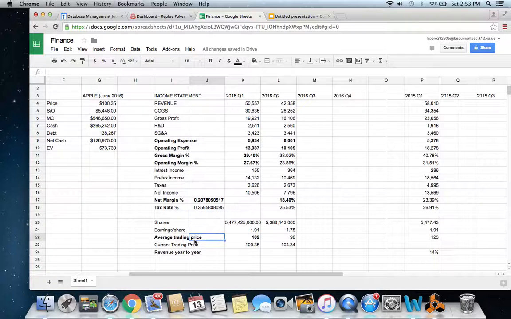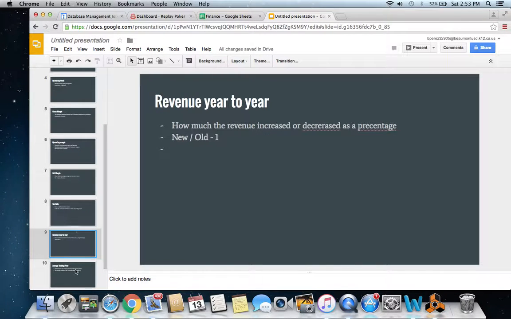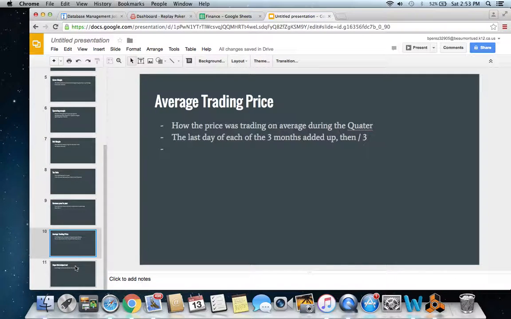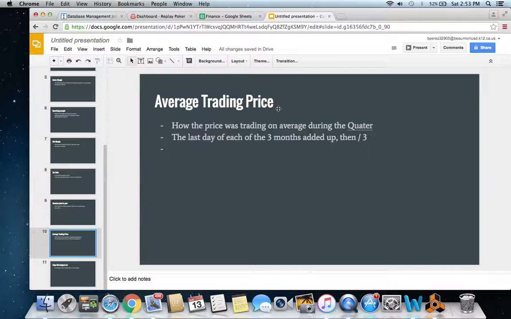So next we have average trading price. What is it? Did I even write that down? Yeah, there it is. It's basically how the price was trading on average during the quarter. I can't do it here because I'm going to have to pull out a graph and find all those numbers. But basically, you find the price at the end of each of the 3 months, and you divide by 3.